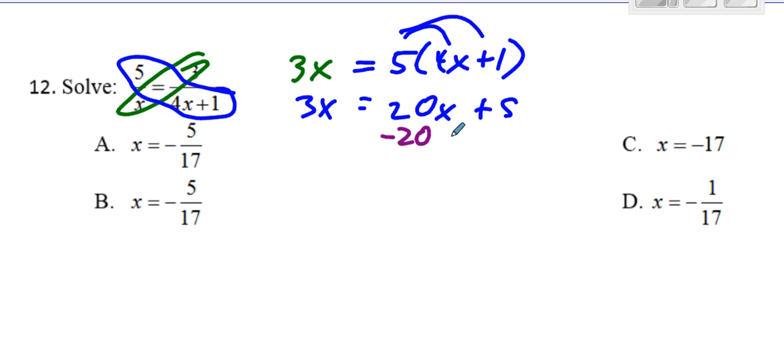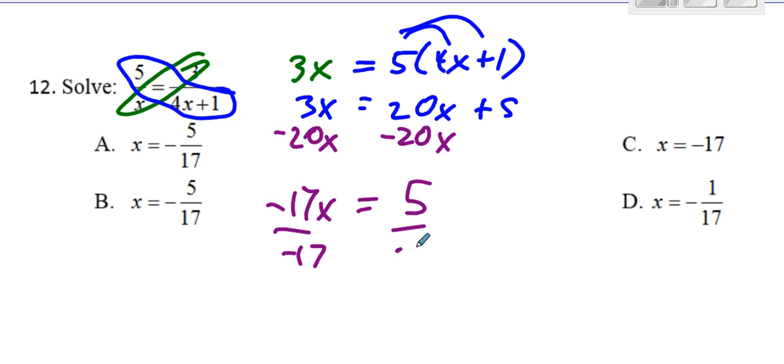Get your x's on one side. So negative 17x equals 5. And then divide by negative 17. You get x equals negative 5 over 17, which is both of those, because those were the same.